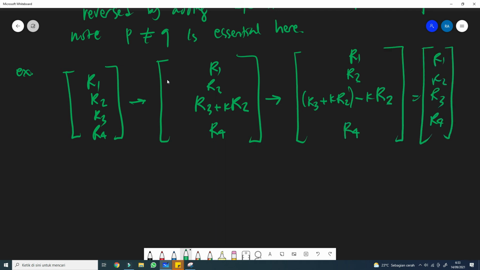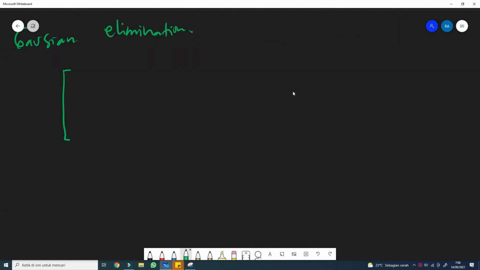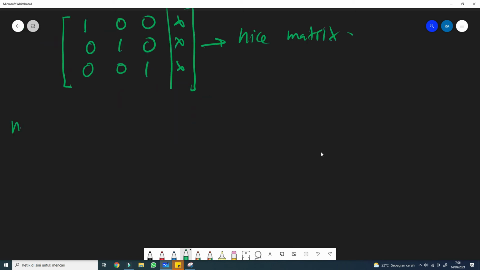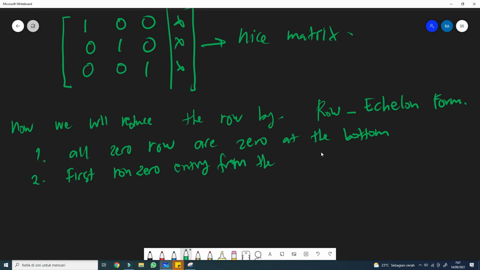Okay, let's move on to Gaussian elimination. We know that this augmented form is a nice matrix to solve our system, right? Now we will reduce the matrix to row echelon form, where the steps are: first, all the 0 rows are at the bottom. Second, the first non-zero entry from the left in each non-zero row is a 1.